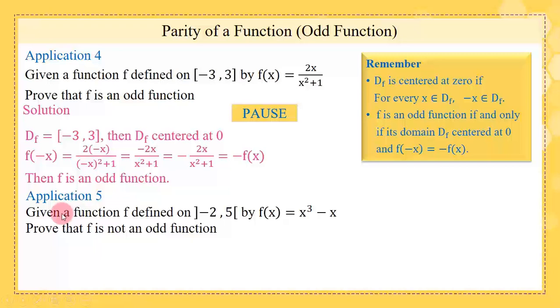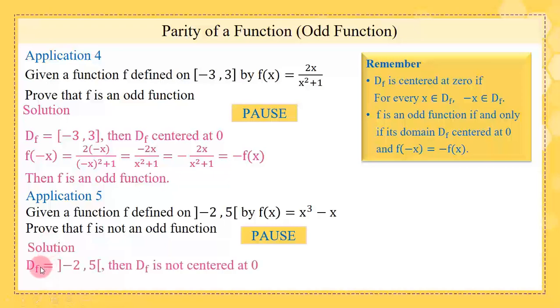Application number 5. Given a function f defined on negative 2, 5 by f of x equals x cubed minus x. Prove that f is not an odd function. Please pause the video and try it by yourself. Solution. D of f equals minus 2, 5, which is not a centered interval at 0.